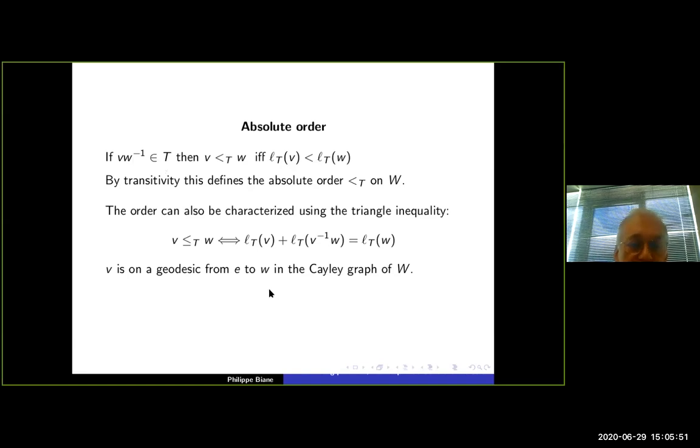When you look at this graph, you have a notion of distance, and a notion of geodesic, a path of minimal length between two points. And so V is smaller than W if V lies on a geodesic between E and W in this Cayley graph.